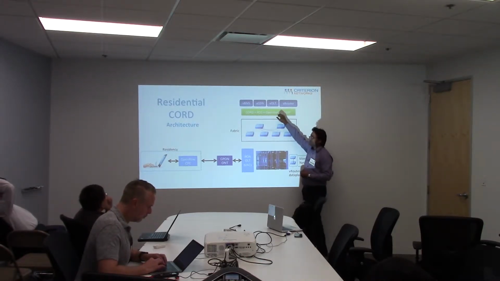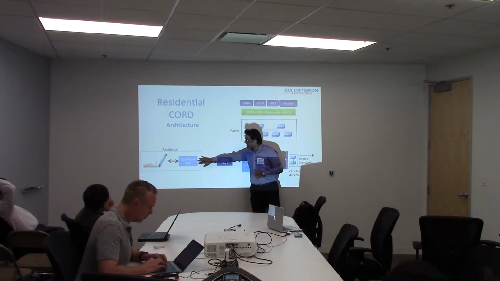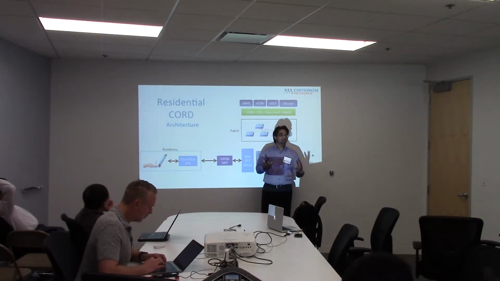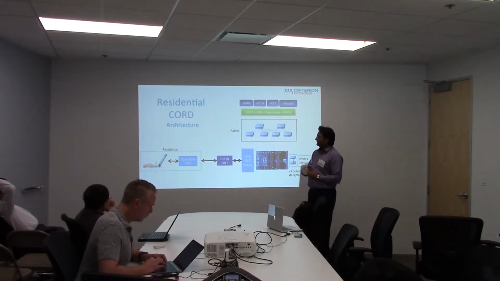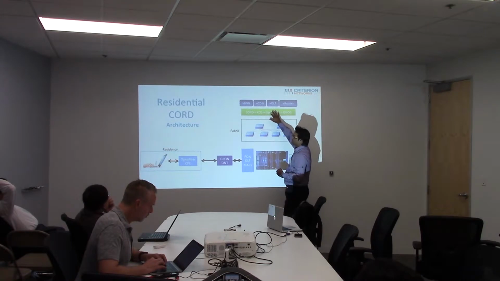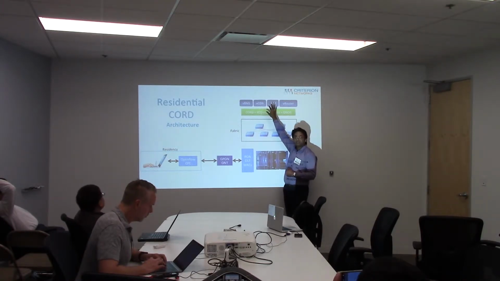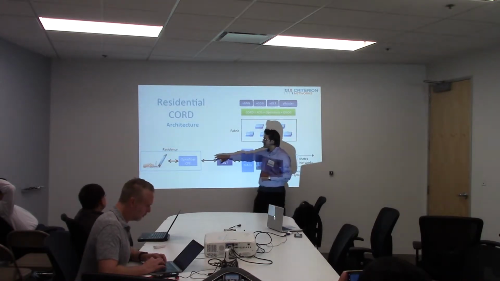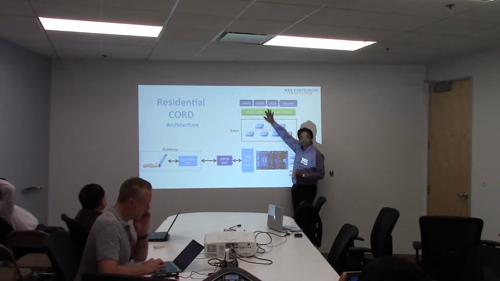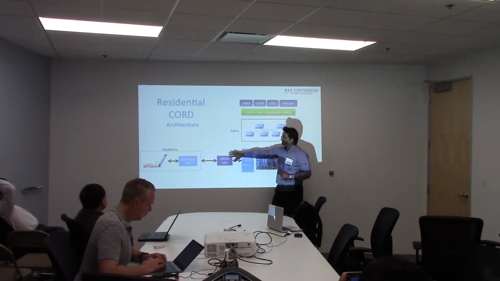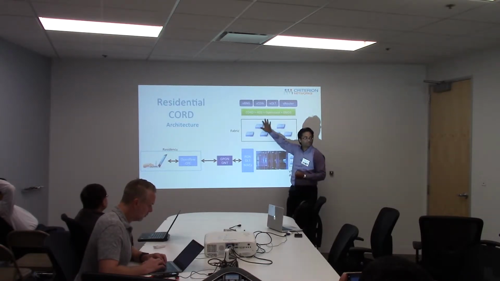What will that help is, the CPE device in your home can be a very dumb device, and all the policies are controlled by the virtual service gateway. Even the DHCP requests from your devices would be forwarded all the way to your VSG, and that provides you the IP address and the internet connectivity point, right?